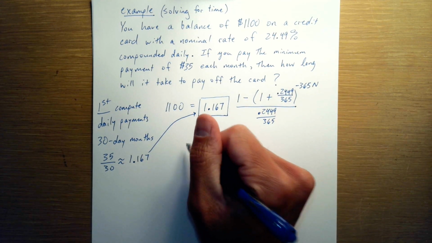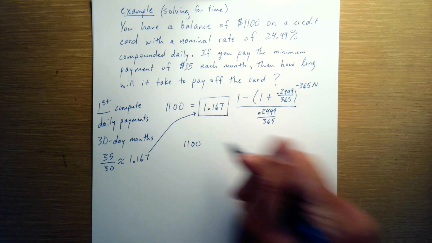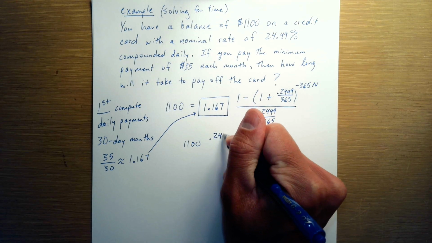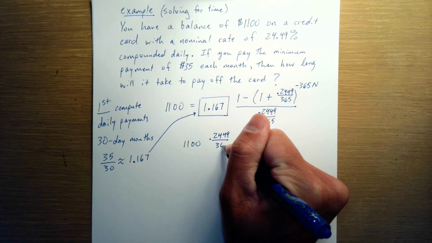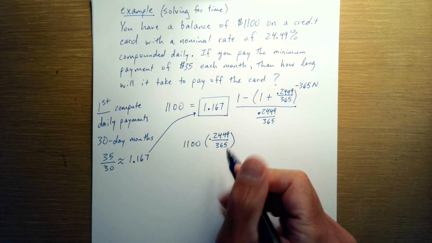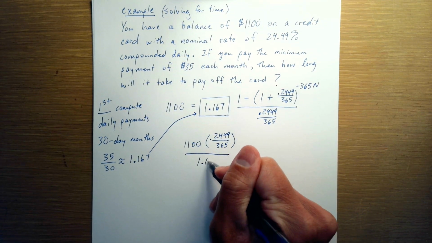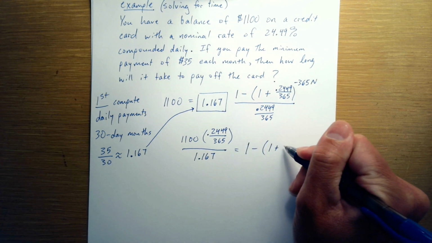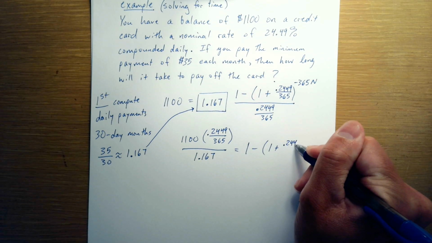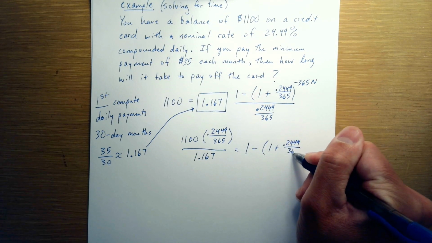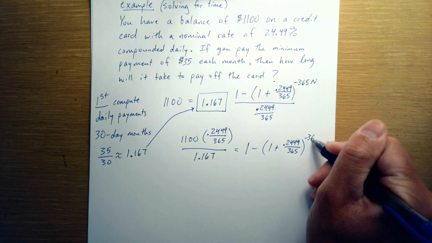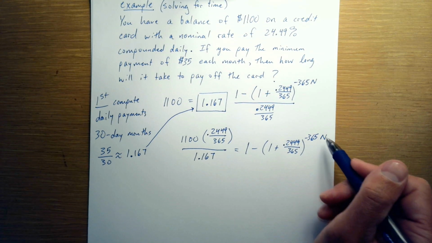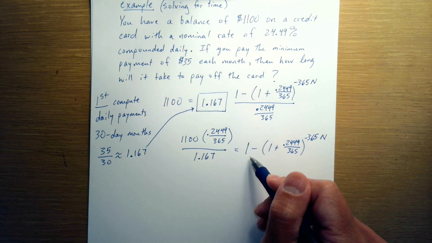So we try to get it isolated. So I'm going to take this 0.2449 over 365 to the other side, multiply both sides, divide the 1.167, and now I can take this 1 to the other side.